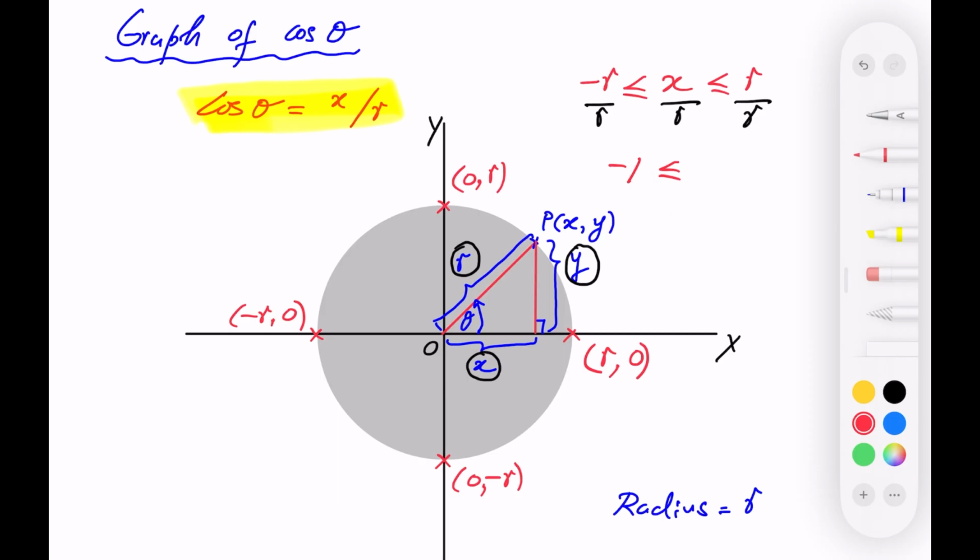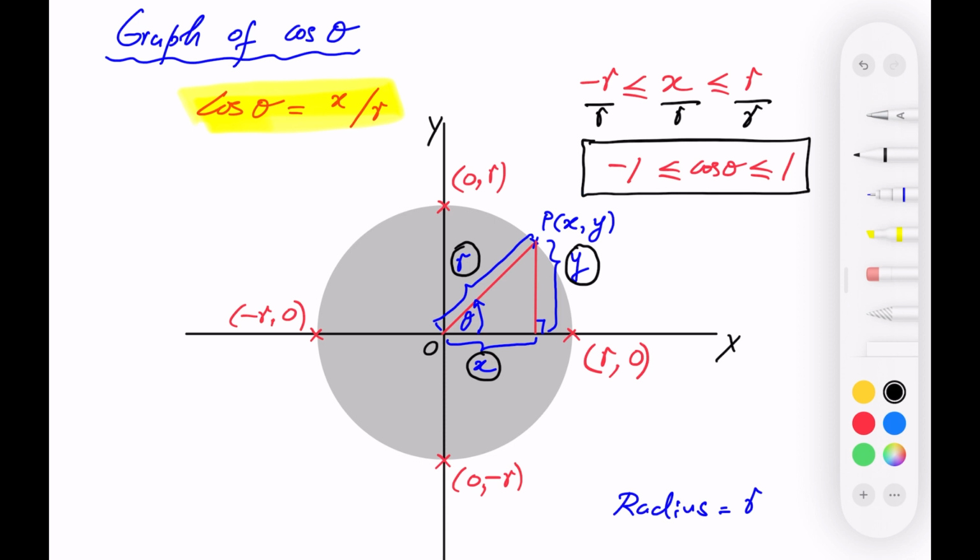And in the middle, I have x over r. We know that x over r is equal to cosine theta. So I will write it as cosine theta. And the upper limit, r divided by r, is equal to positive 1. So please note that cosine theta will always be bounded between negative 1 and positive 1.